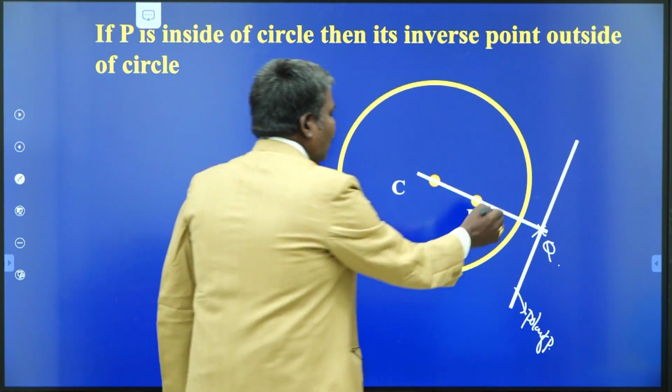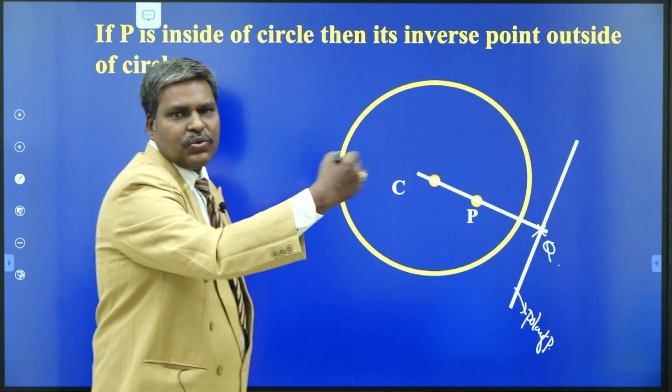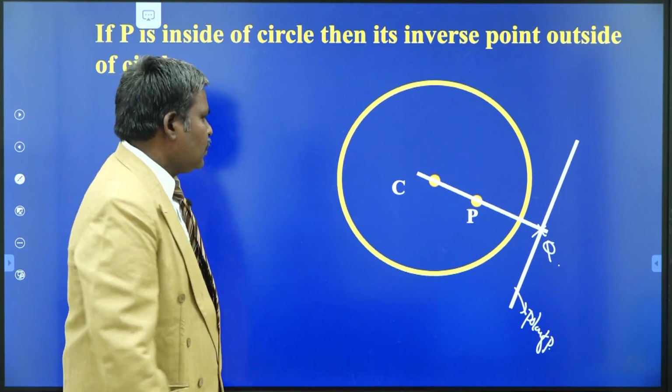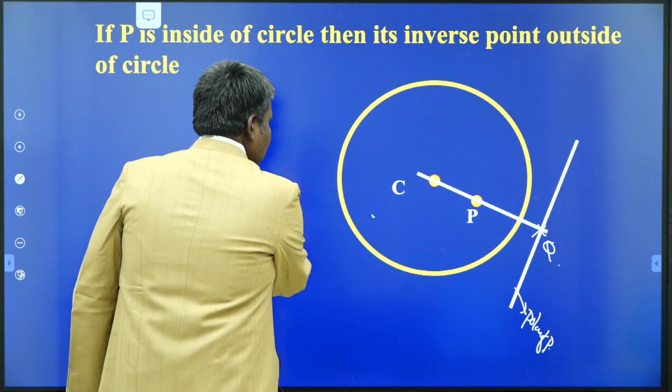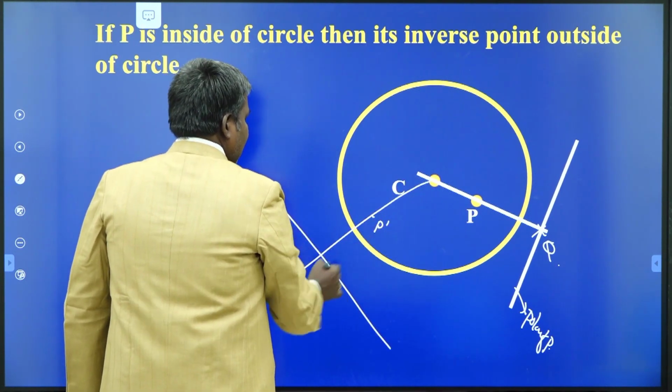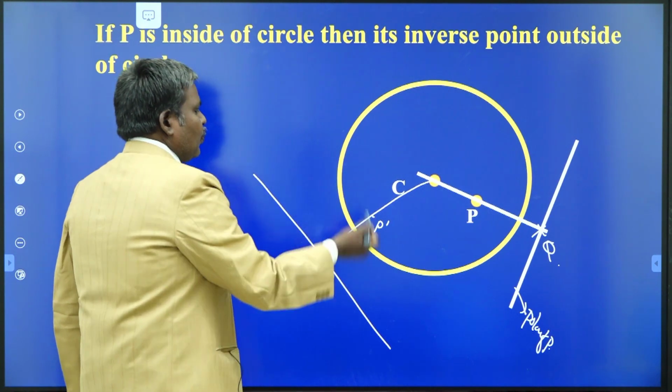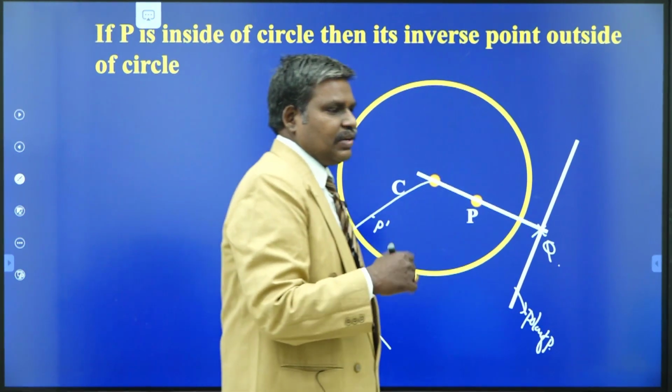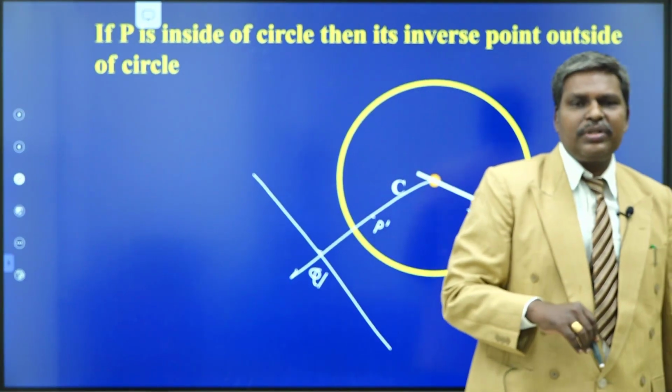It is never on or inside of the circle, since your line is outside. So suppose the point is here, the polar is like this, join CP, that is say P dash, your Q dash is here. So the point is inside of the circle, its inverse point is completely outside to the circle.